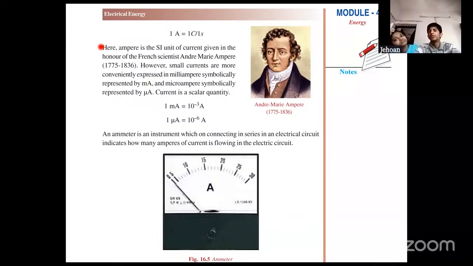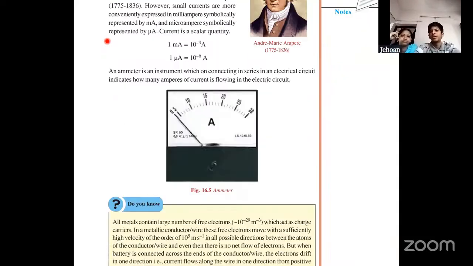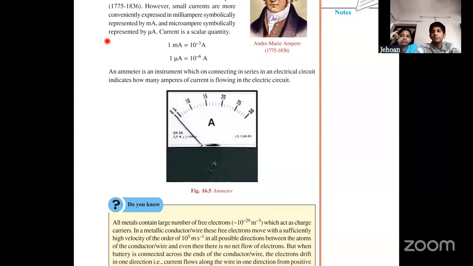Ampere is the SI unit of current, 1 A equals 1 C by 1 s, given in honor of the French scientist André-Marie Ampère. However, small currents are more conveniently expressed in milliampere, represented by mA, and microampere, represented by mu A. Current is a scalar quantity. 1 mA equals 10 raised to minus 3 A. 1 mu A equals 10 raised to minus 6 A.